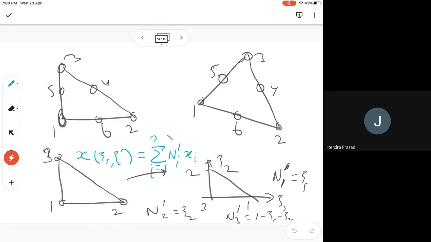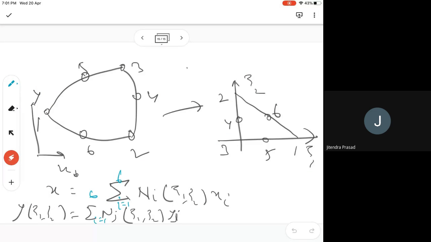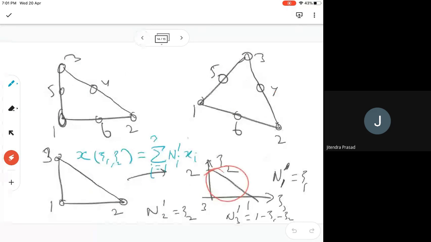As far as the relation between x and xi1 and xi2 is concerned, all others remain the same. The actual shape function you have to define the same way, the way you write it here also. So for all the 6 shape functions, here and here will be the same.